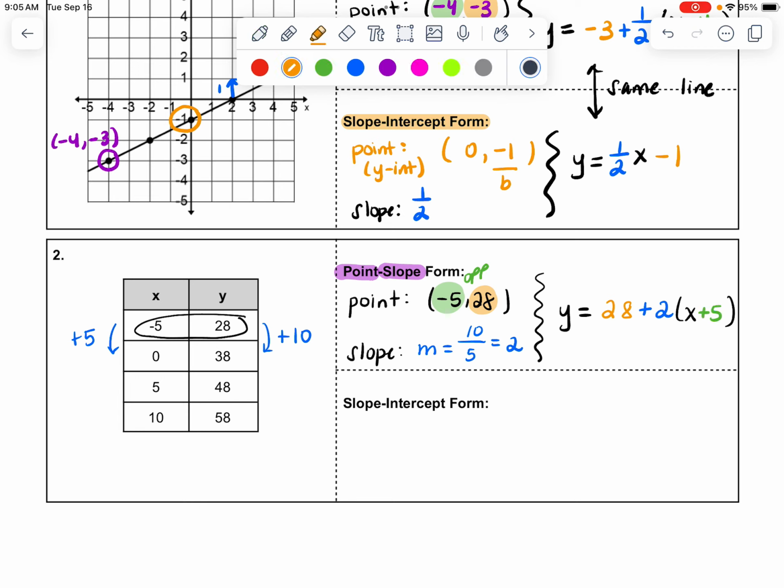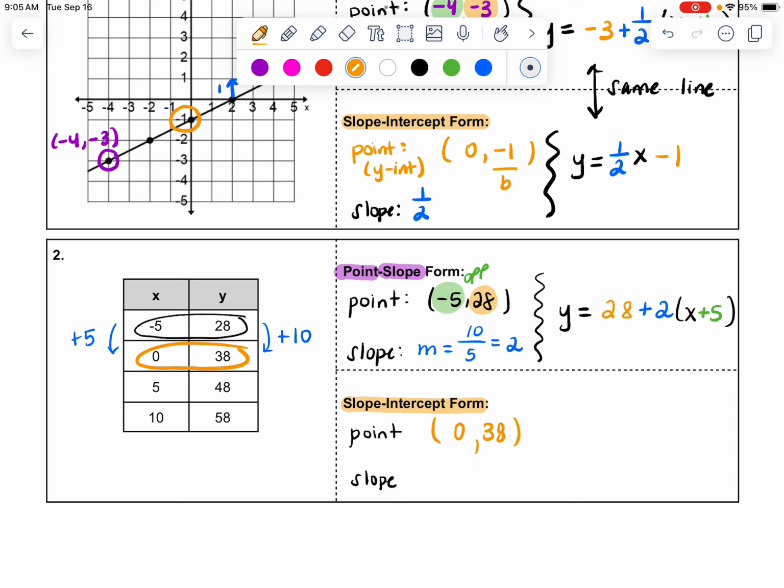In order to write the equation in slope-intercept form, we're still going to find a point and a slope, but our point is going to need to be the y-intercept. So 0 has to be my x. That means I have to use this point from the table. I can't choose any point.